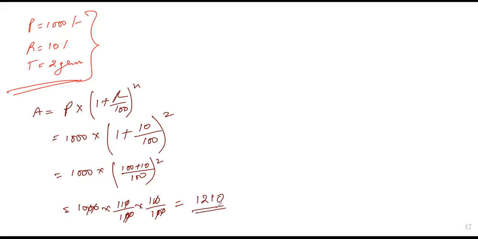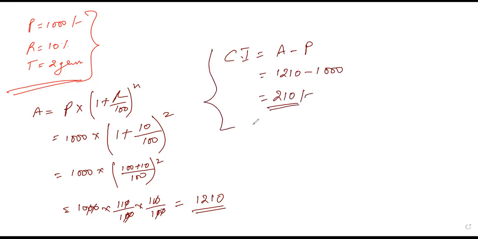So 1210 is the amount. Now, if you have to calculate the compound interest, then what would be the formula? Amount minus principal. So just subtract it out. So 1210 minus 1000 will be 210. So compound interest is 210.